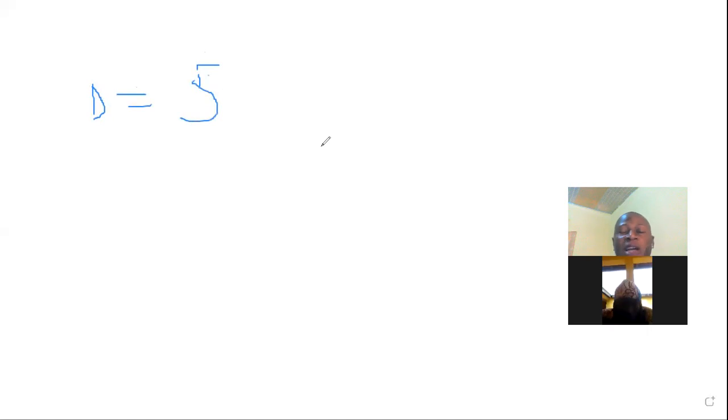Can you see the whiteboard? Yes, sir. Transistors that are defective, they are 5, isn't it? Yes, sir. And those that are acceptable transistors, they are equal to what? 25, right? Yes, sir.